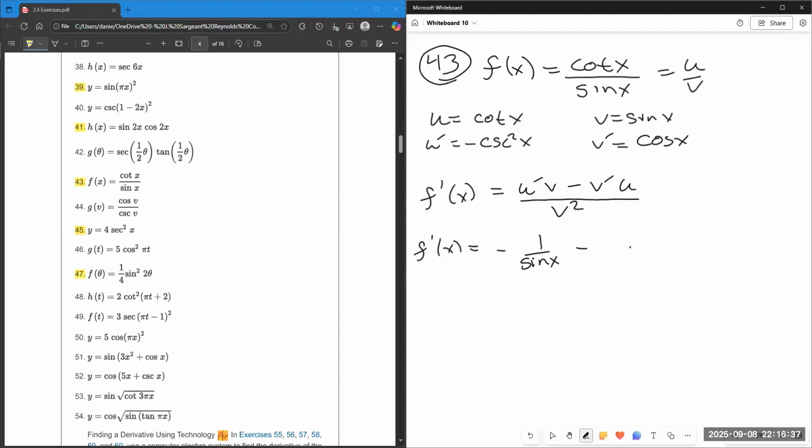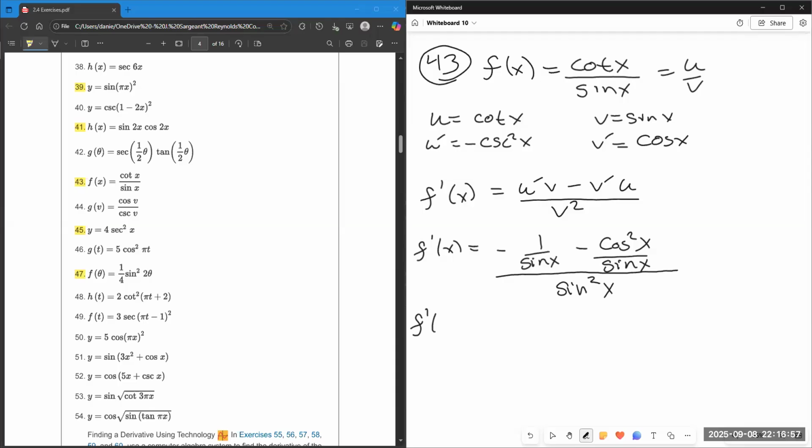And let's call this cosine squared x over sine x here, and all over v squared. So that's sine squared x.